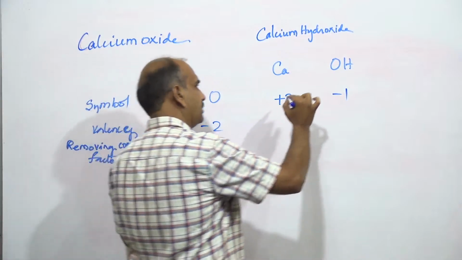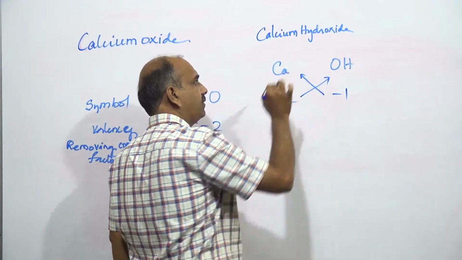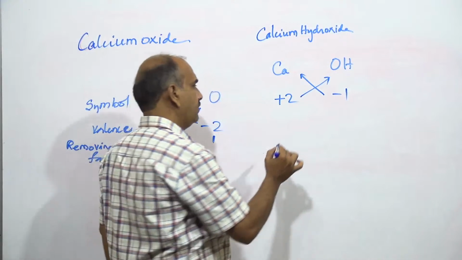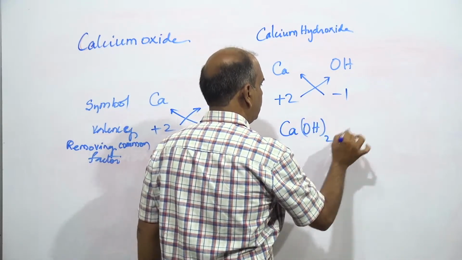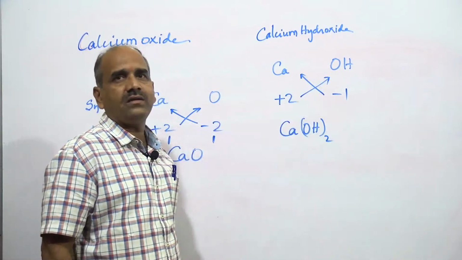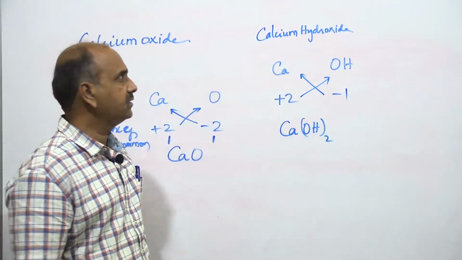So when you cross, OH should be 2 and calcium should be 1. Calcium should be 1 and hydroxide should be 2. So the formula will be Ca(OH)2. Whatever this 2 is, that will be with the OH. So OH twice and Ca once.